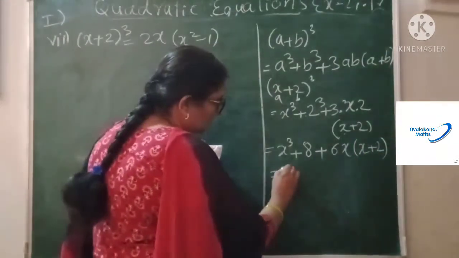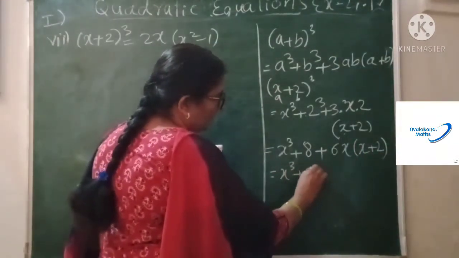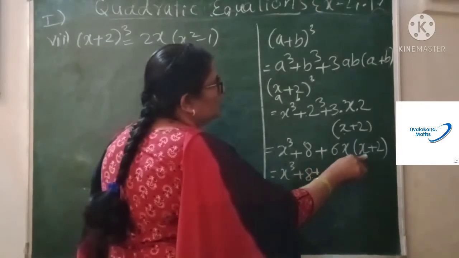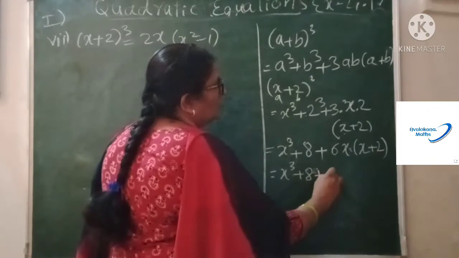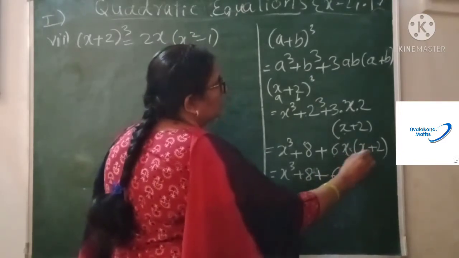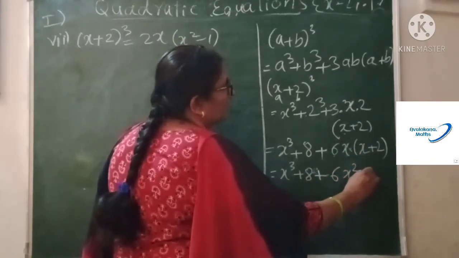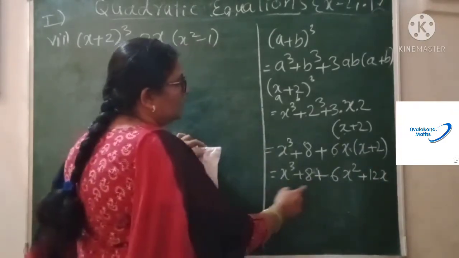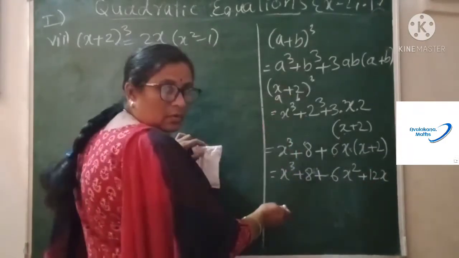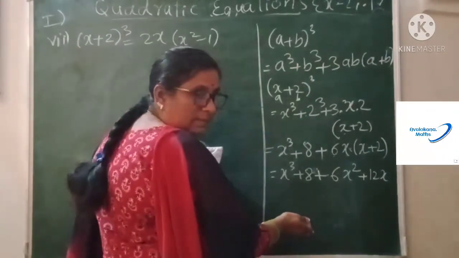So this is once again x cube plus 8. Children, this is bracket opening: plus 6 into x, 6 as it is, x into x is x square, plus 6 2s are 12x. This is the solution of this one. I have explained it in a separate way.